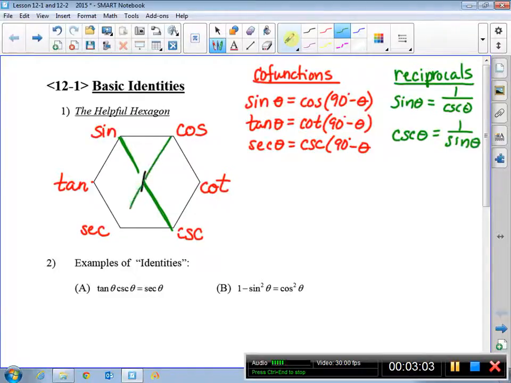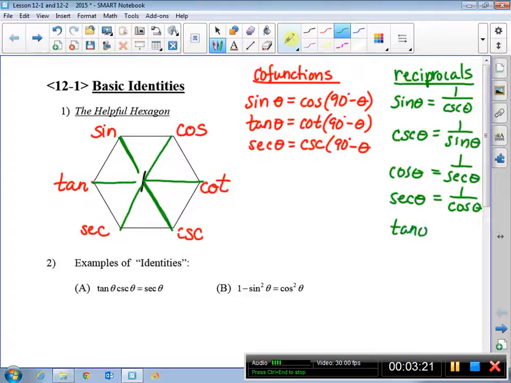Cosine equals 1 over secant, and vice versa. And our tangents. Tangent equals 1 over cotangent, and cotangent theta equals 1 over tangent of theta.